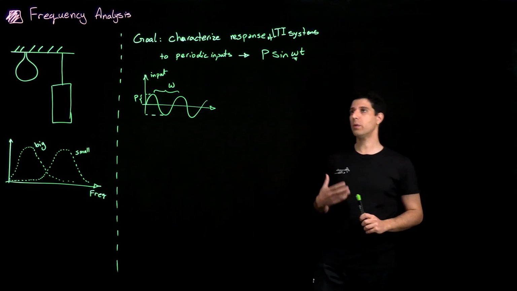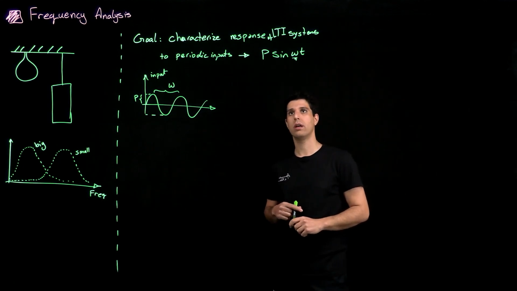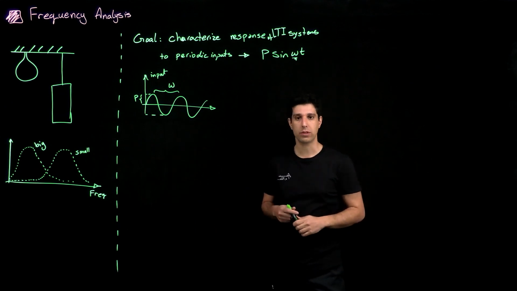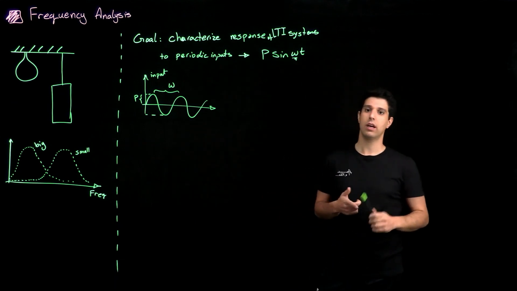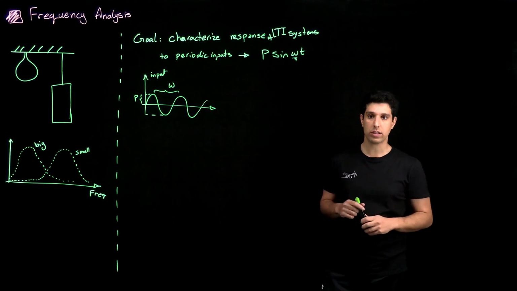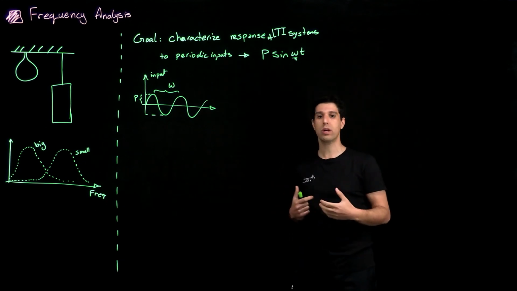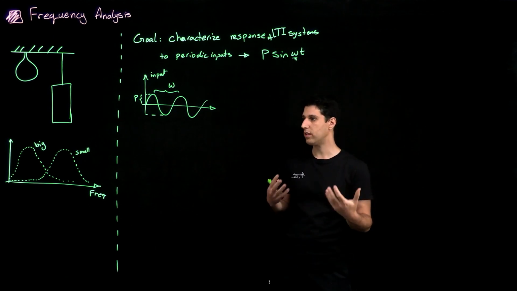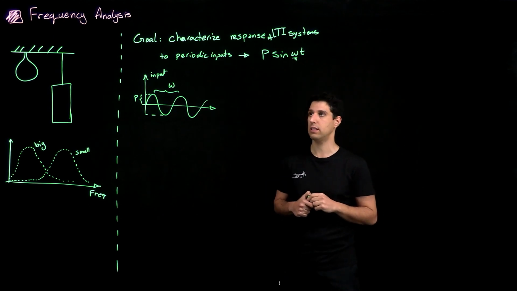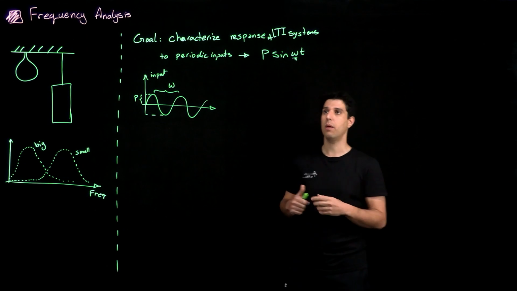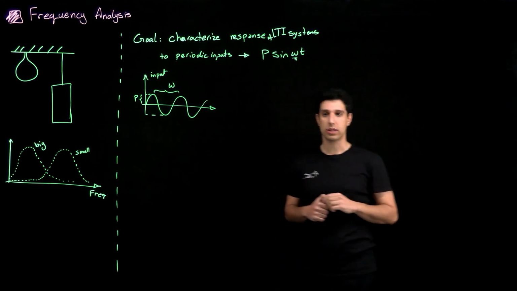Whenever we have rotation, we encounter that input. A few examples of that is in a mechanical system, when we have a motor or anything that is rotating, this rotation, if there is, for instance, any imbalance in the system, creates these sinusoidal forces onto the system.